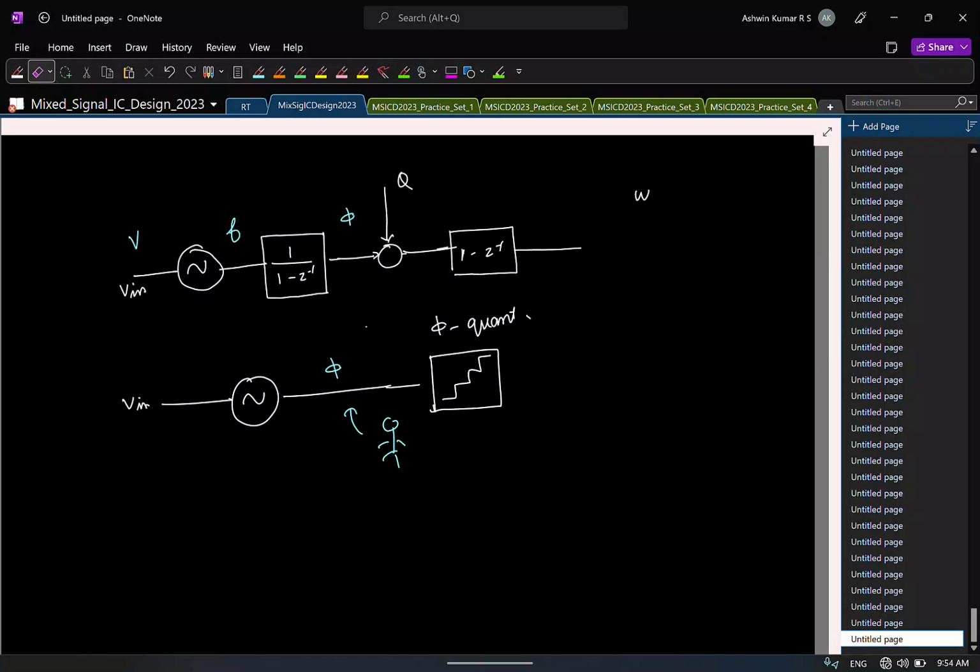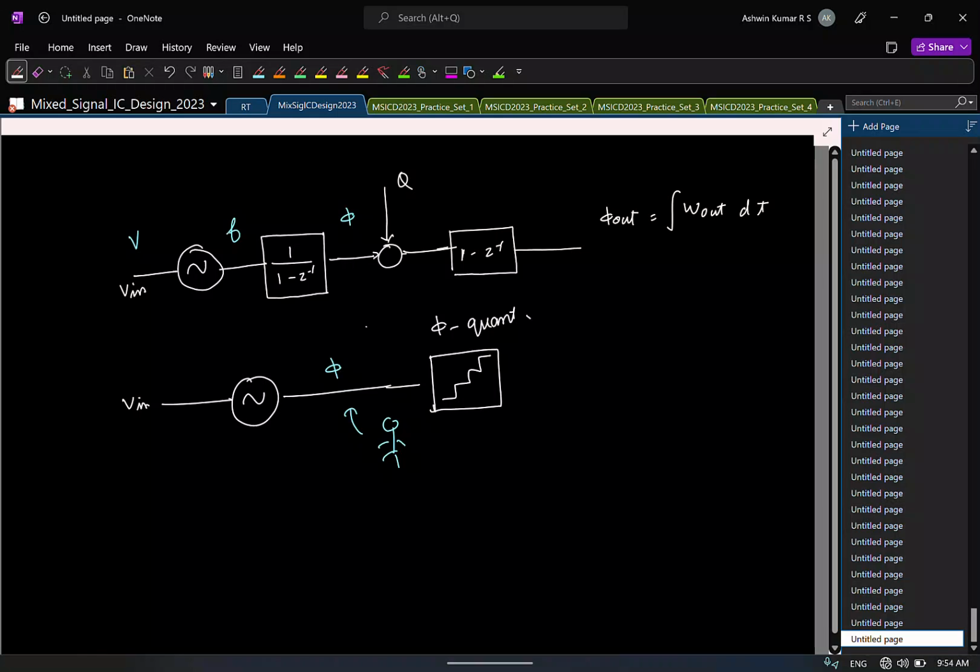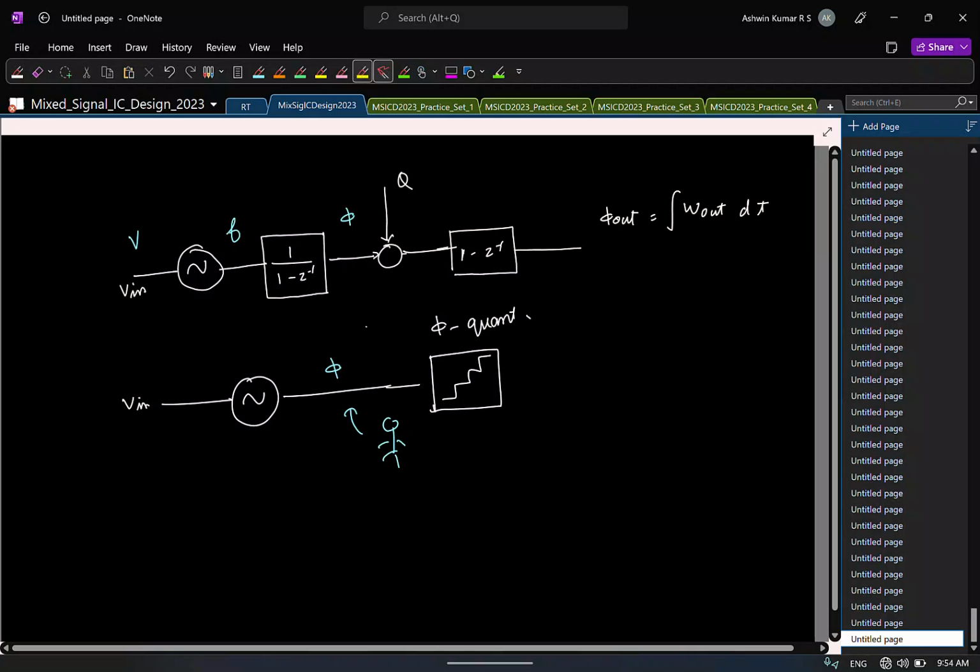If I have a frequency omega, let us say omega out, and I want to look at the output phase, the relation is this. I take any signal, I look at its phase, and that directly gives me an integral of the frequency.